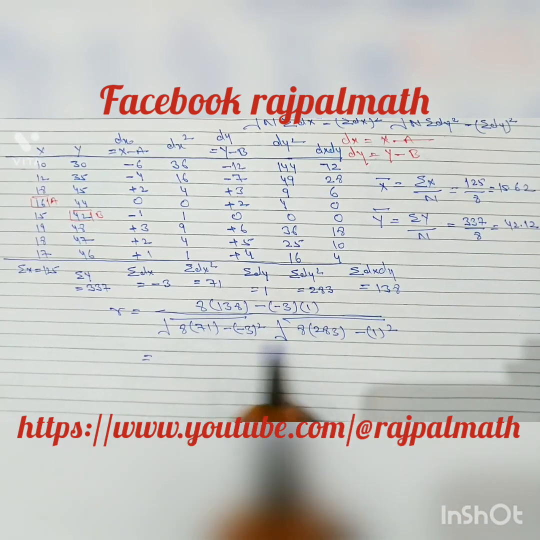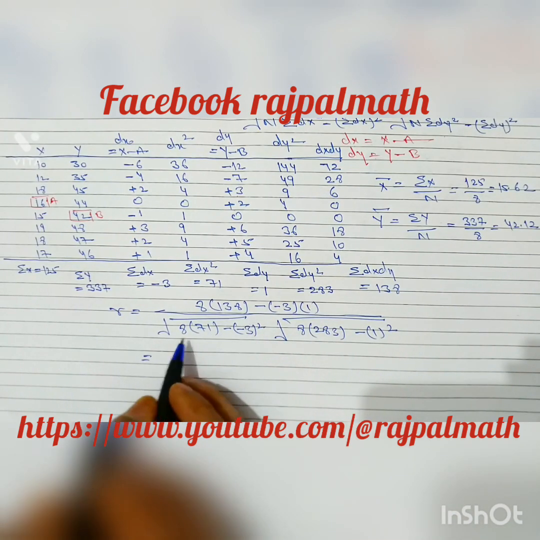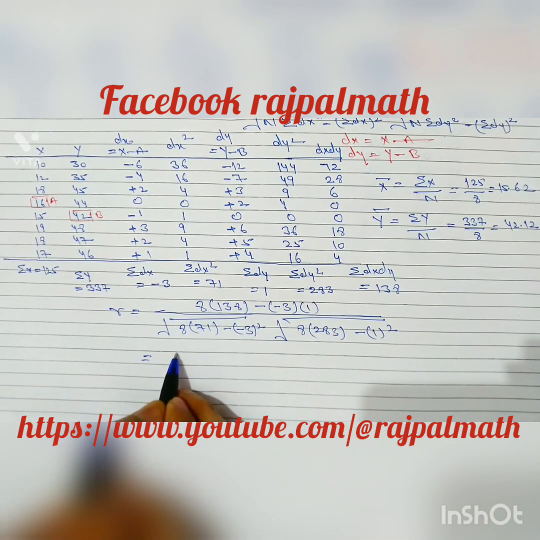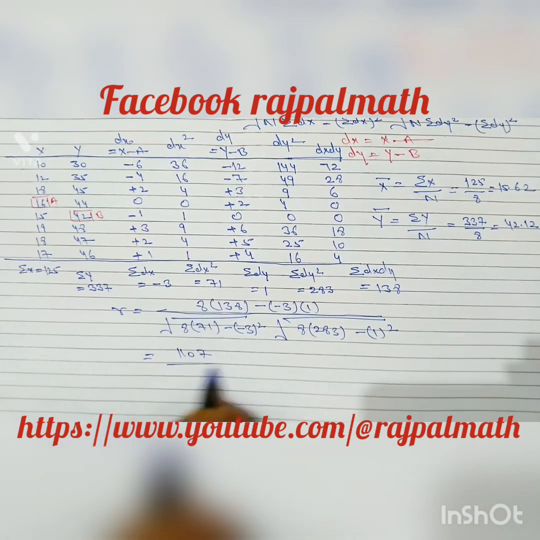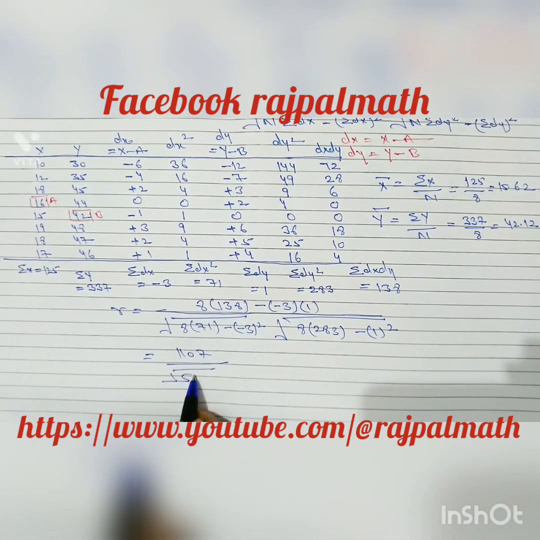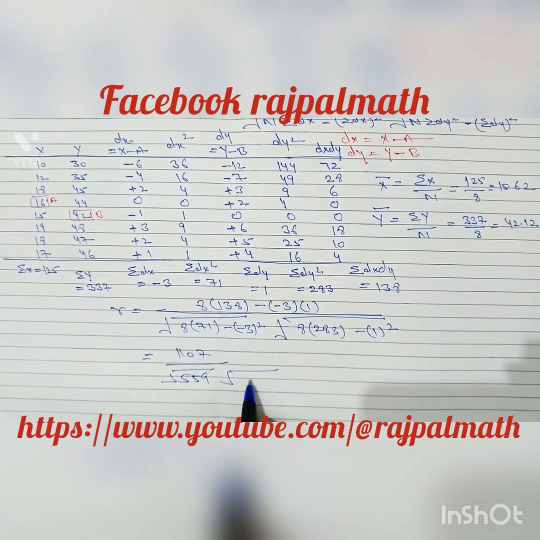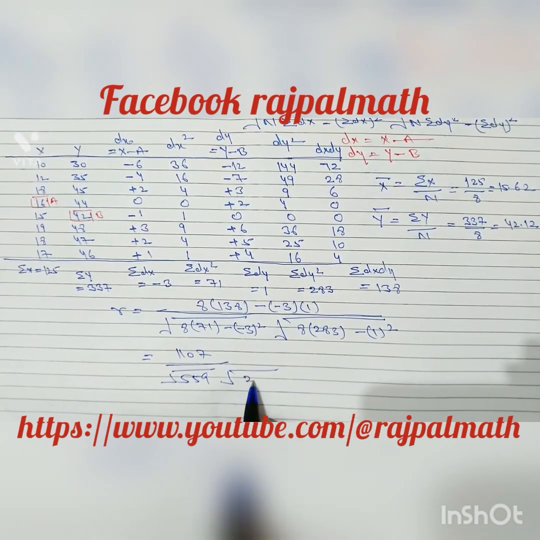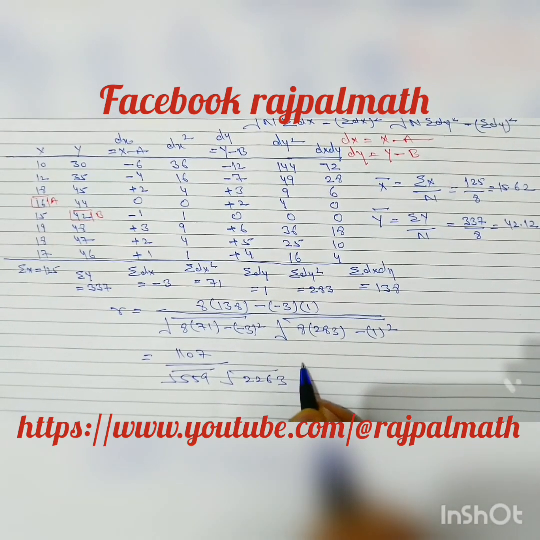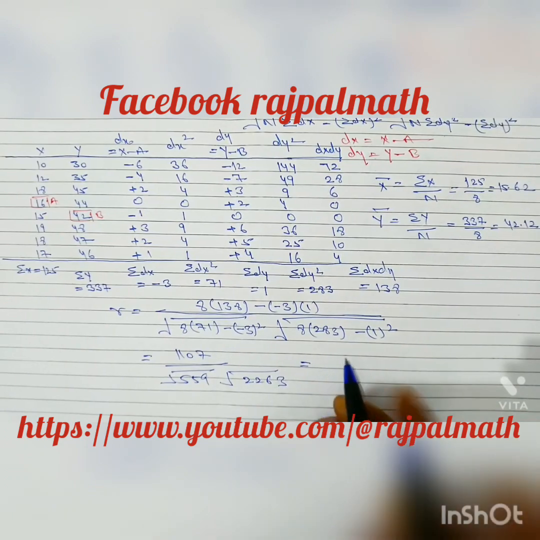By calculating all these values, we get 1107 divided by 559 under root 2263.